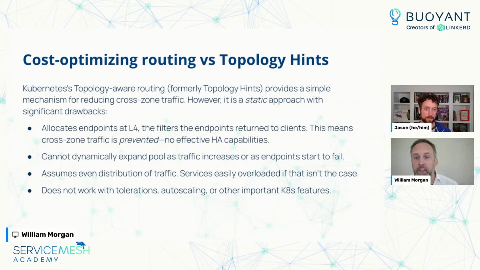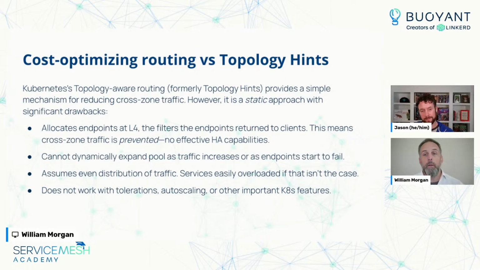If you are a deep Kubernetes nerd like Jason, then you're aware of topology hints, or what I think they call more recently topology-aware routing. This is a really interesting thing to look into. It is a very crude mechanism. If you look under the hood of how it works, it's a static approach where you take the IP addresses, you take the ports, and you partition them per zone.